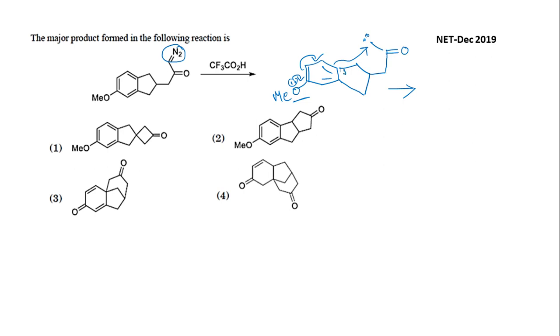So it will be 1, 2, 3, 4, 5 and 6. So a 6-membered ring will be generated. Aromaticity is lost. OMe, oxygen is positively charged. And then there is this newly generated 6-membered ring.